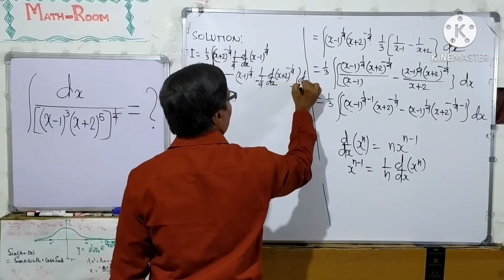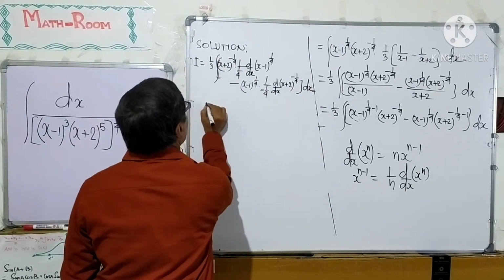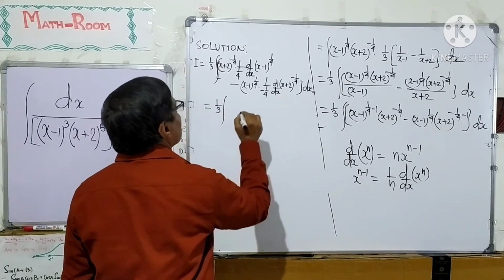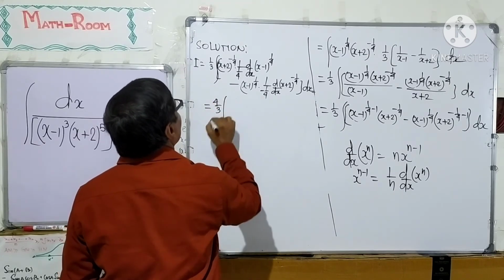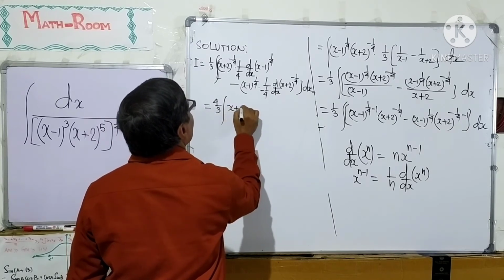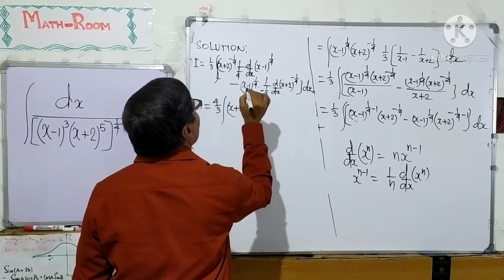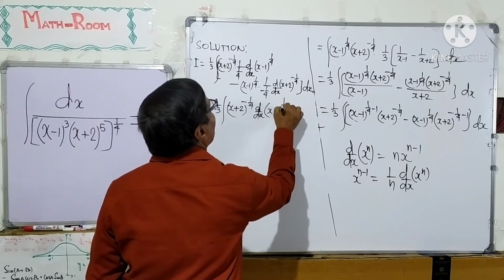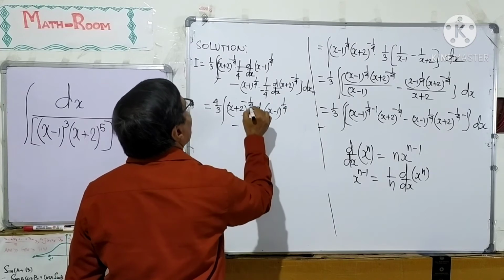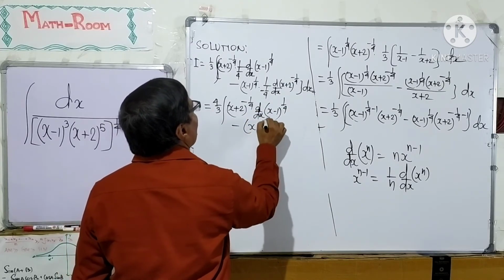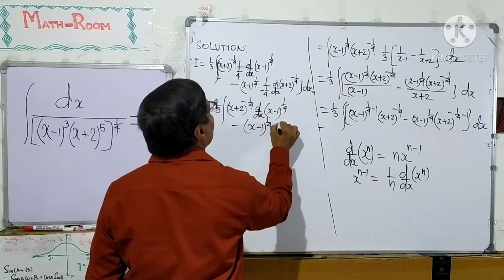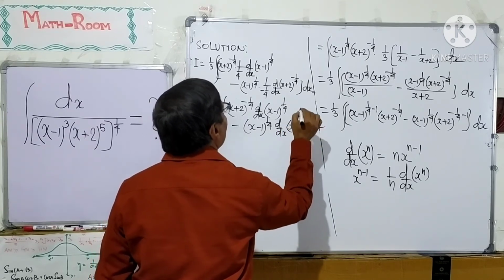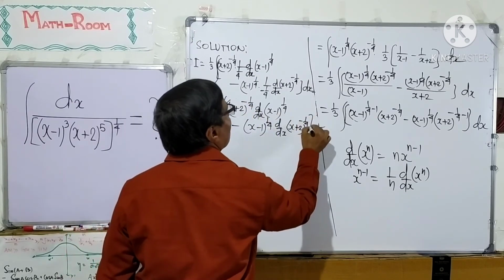This is the whole integration. So this is equal to 1/3 integration, also 4 over 3 integration, (x plus 2) to the power minus 1 over 4 d/dx of (x minus 1) to the power 1 over 4 minus (x minus 1) to the power 1 over 4 d/dx of (x plus 2) to the power minus 1 over 4, whole integration dx.